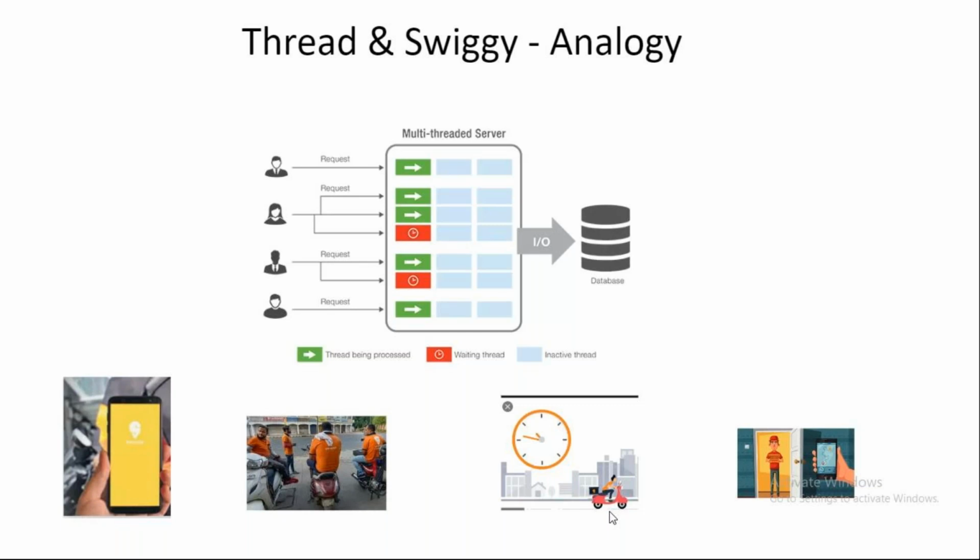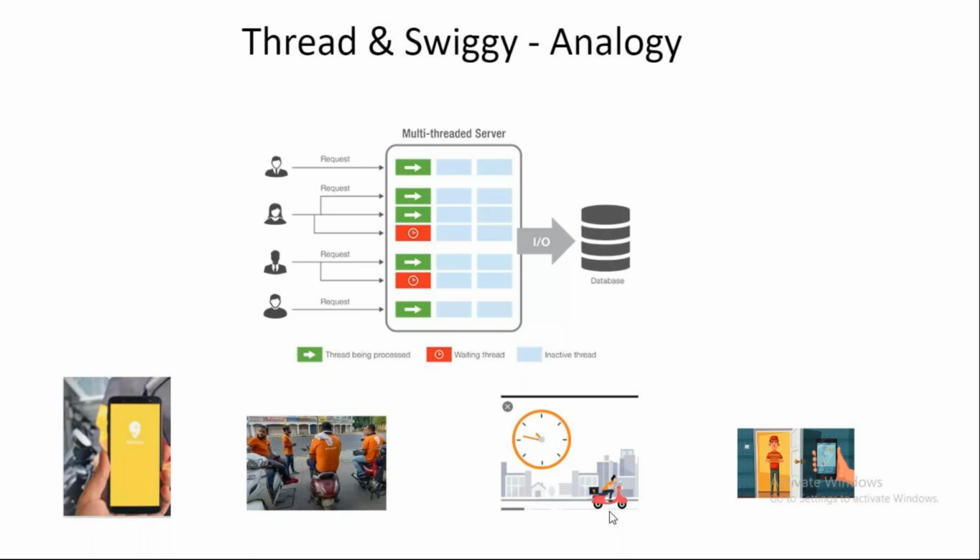There are going to be multiple concurrent requests coming into the server. So for each request, there has to be a handler. Somebody has to listen to that, receive it, process it, and then send the response back, right? So you just assume that a thread is nothing but a task handler. It is going to handle one task at a time, and once the response is sent back, the thread is going to get assigned to a different task, right?